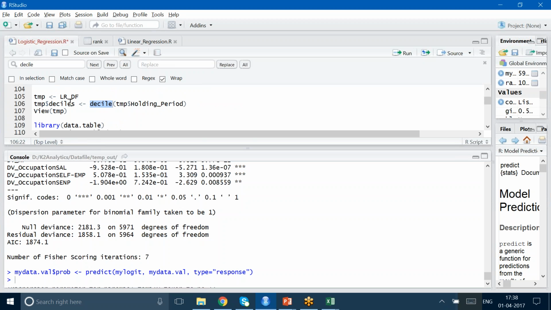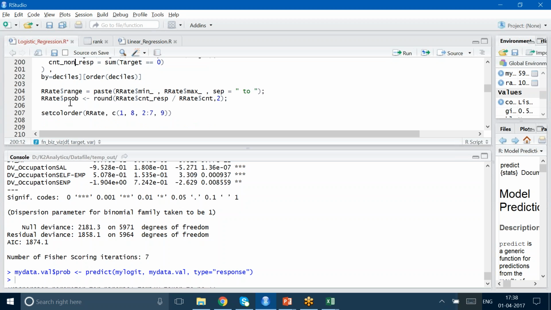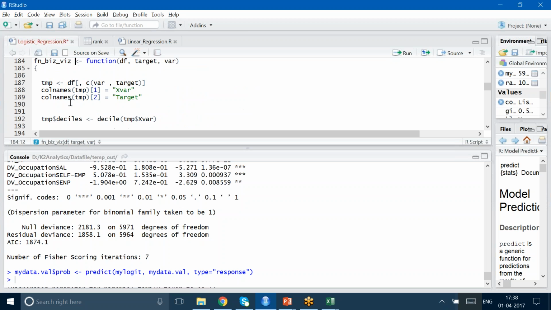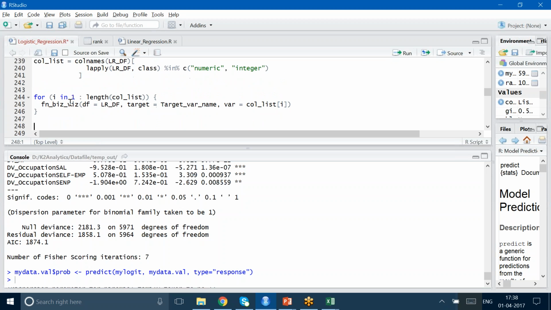Okay, this is all visualization, so it has gone up very much.